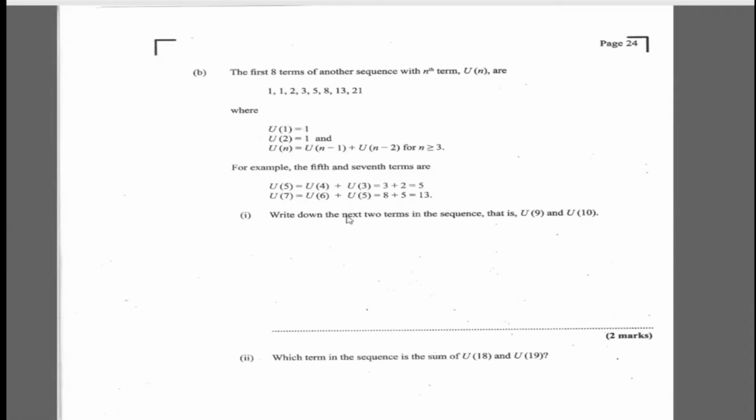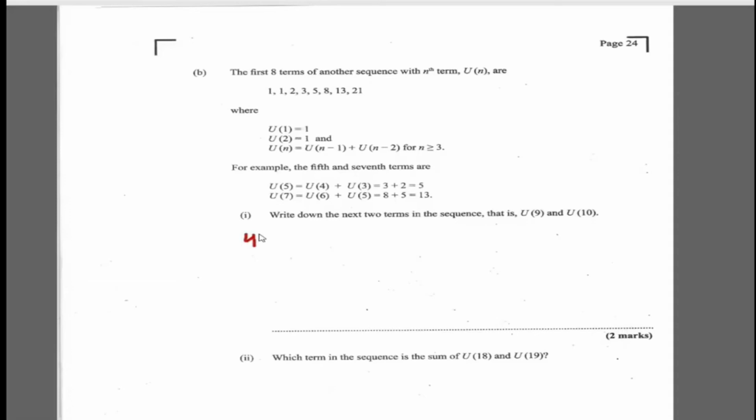What they're asking us now is to write down the next two terms, that is U9 and U10. That's easy to write down.